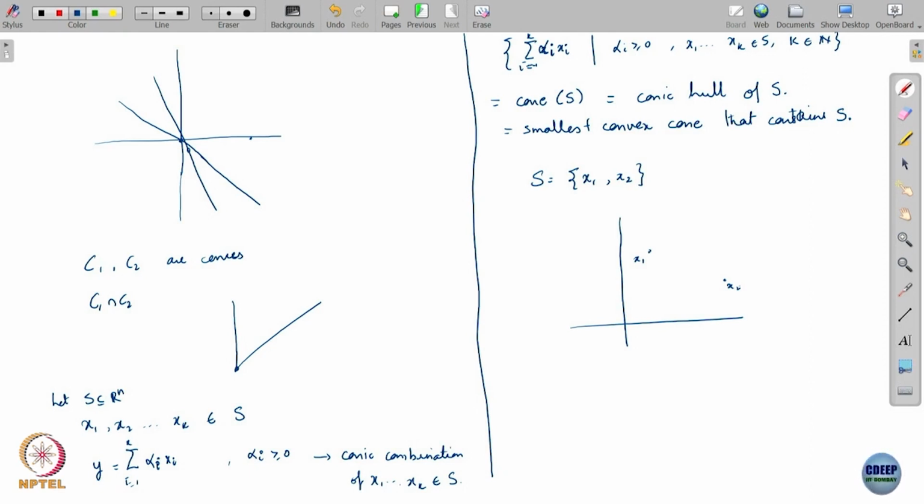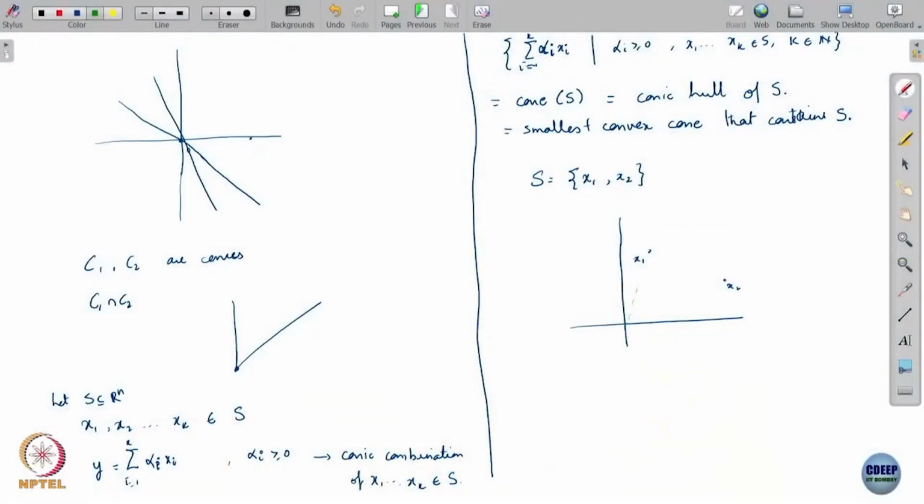It is those 2 rays starting from the origin, one passing through x2 and one passing through x1, right. So, the smallest cone containing these 2 would have been this. So, a point here would not be in the smallest cone containing x1, x2.